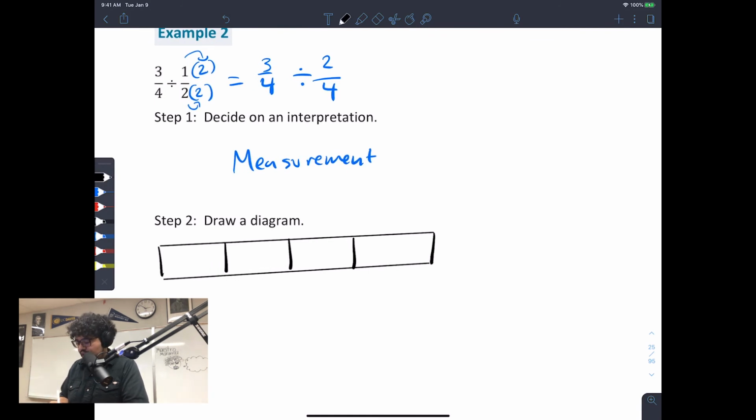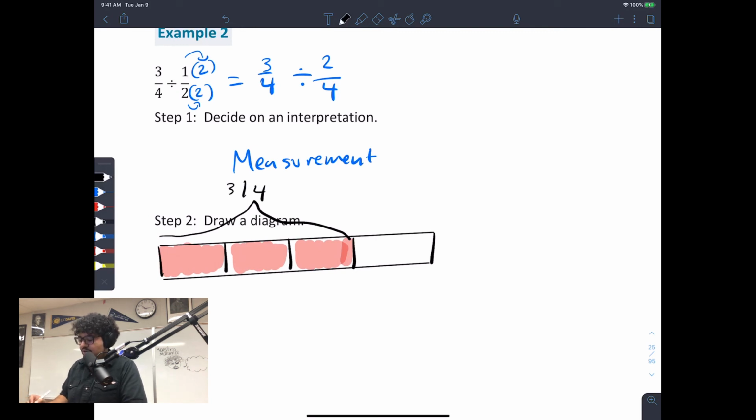So let's go ahead and do that. So there's 1, there's 2, there is 3. So I shaded in 3 out of the 4. So then I can say that those 3 represent my 3 out of the 4.